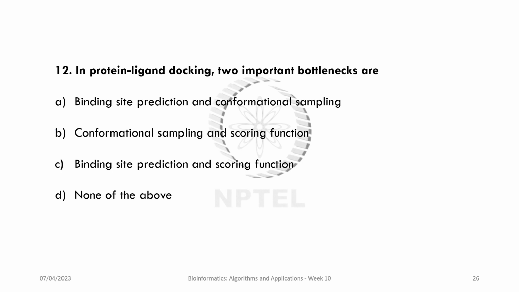Question 12. In protein ligand docking, two important bottlenecks are A. Binding site prediction and conformational sampling, B. Conformational sampling and scoring function, C. Binding site prediction and scoring function, and D. None of the above.